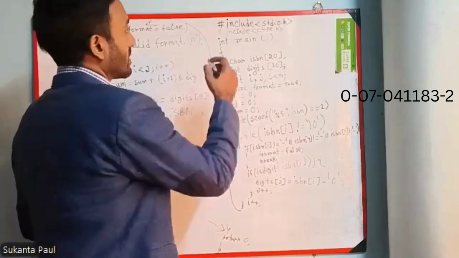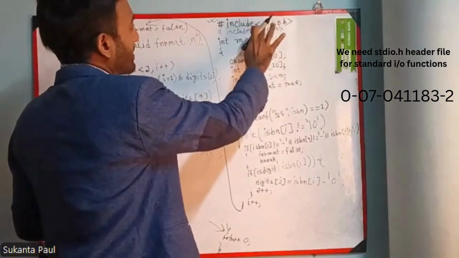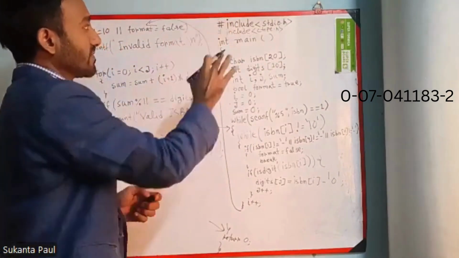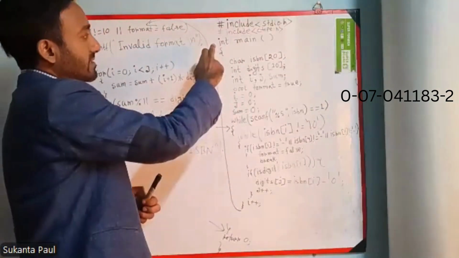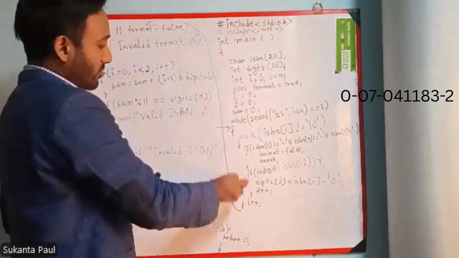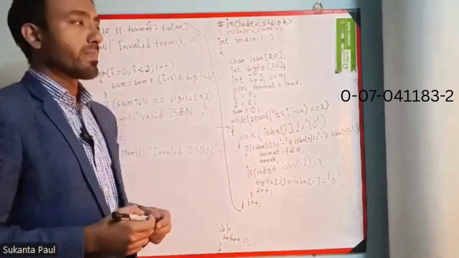That's why we need to write this header file, #include <stdio.h>. Now, it is our main portion, int main. In that whole block, we will write the whole program.